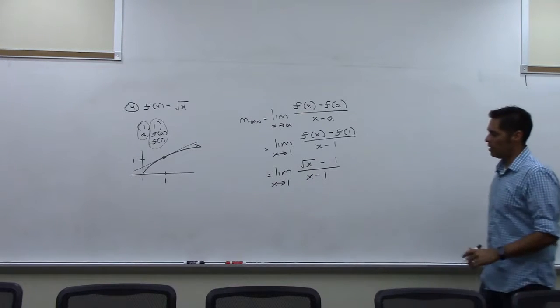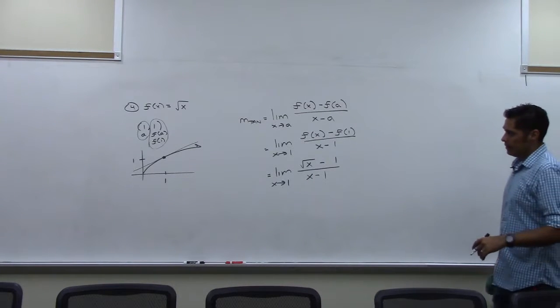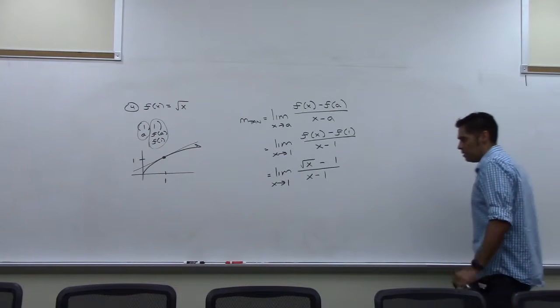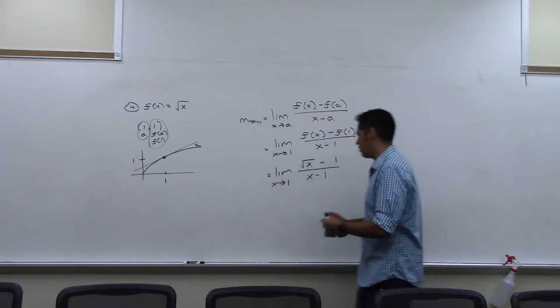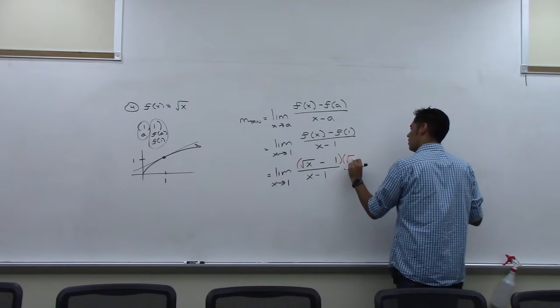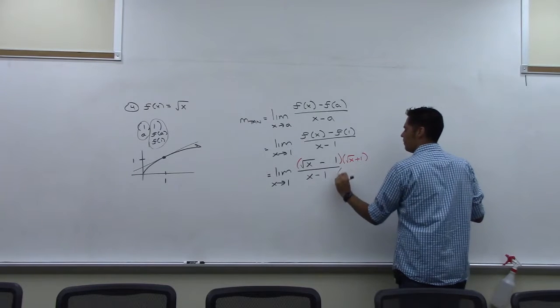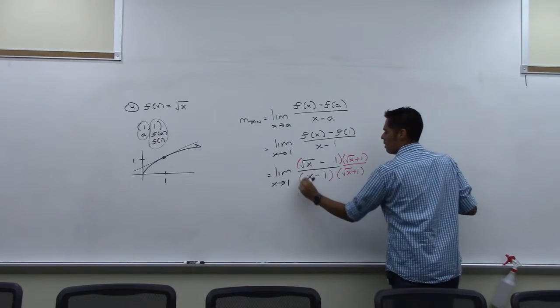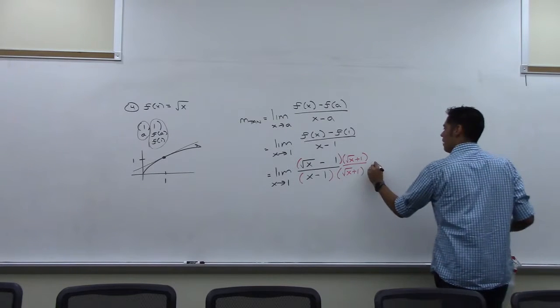And if you check, if you try and plug 1 in, we'll get 0 over 0, which is bad. So we need to do something here. And remember the conjugate, because I see a radical there. Come in with the conjugate, root x plus 1 on top, root x plus 1 on the bottom. Let's see what happens.